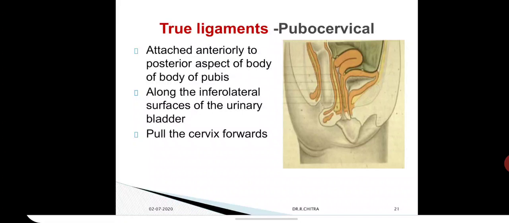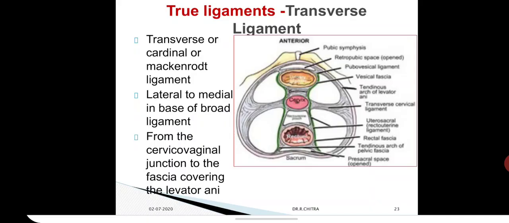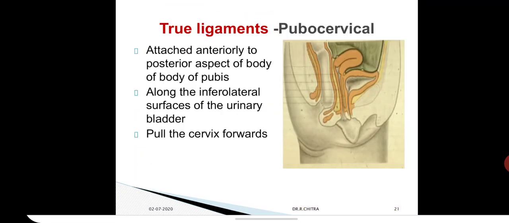Ligaments of the uterus, we should write under 2 headings, true ligaments and false ligaments. True ligaments are pubocervical, round ligaments and transverse ligaments of the uterus. First we will see the pubocervical.